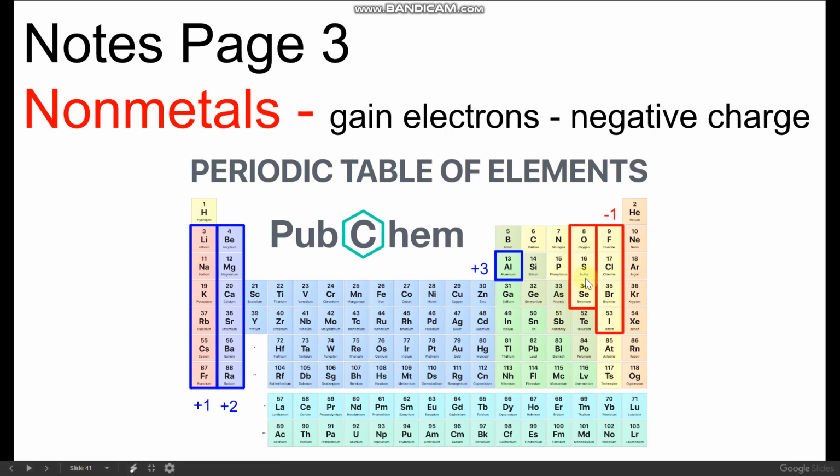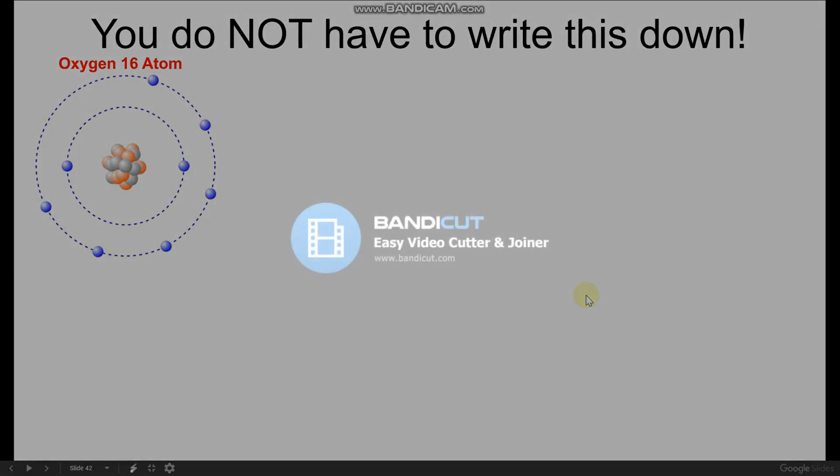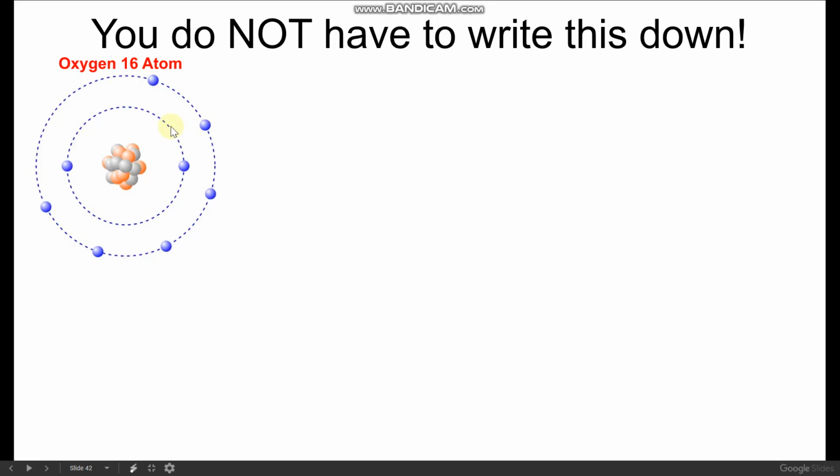So that's oxygen, sulfur, and selenium. Okay, so if we take a look at oxygen, it has 1, 2, 3, 4, 5, 6, 7, 8 electrons, and 6 of those, 1, 2, 3, 4, 5, 6, are valence electrons.